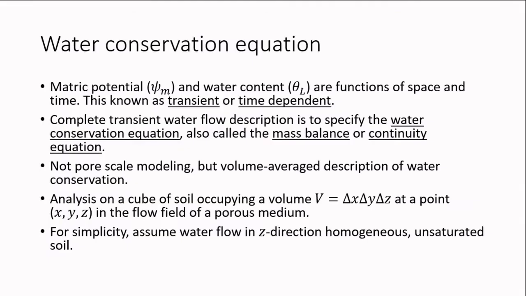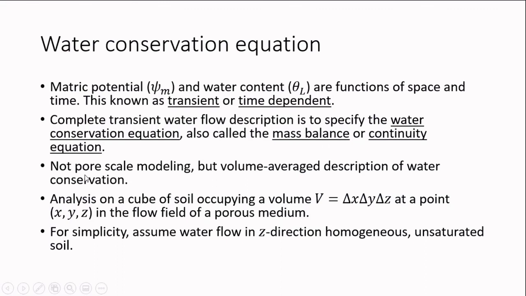Right, now let's look at the water conservation equation. We are looking at the governing equations of water flow. Matric potential and water content are functions of space and time. This is known as transient or time dependent. A complete transient water flow description is to specify the water conservation equation, also called the mass balance or continuity equation.